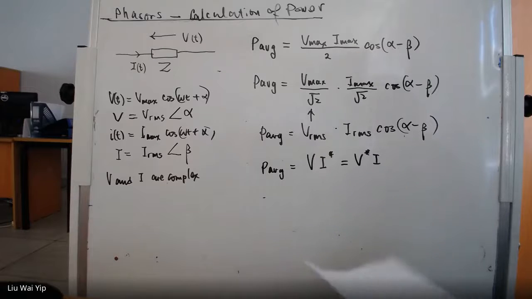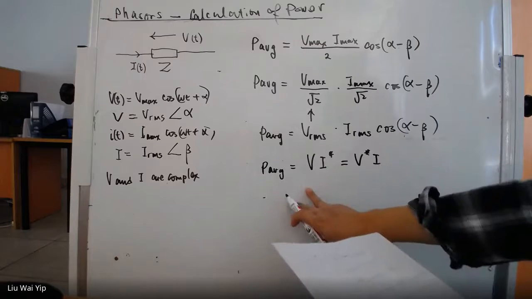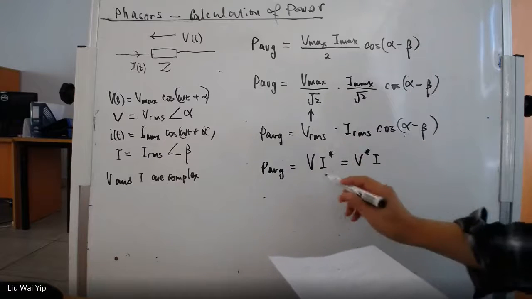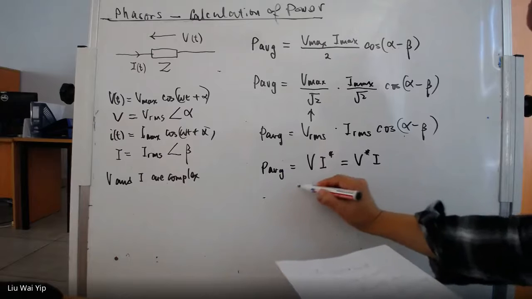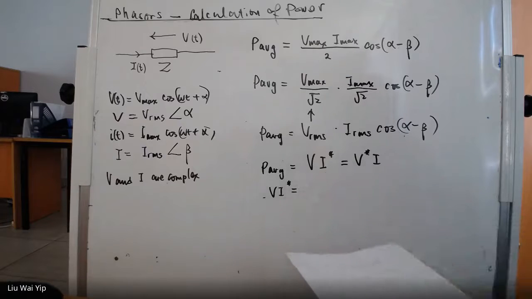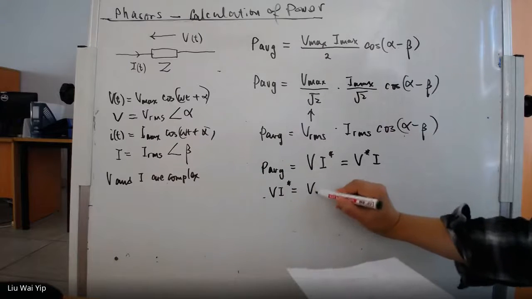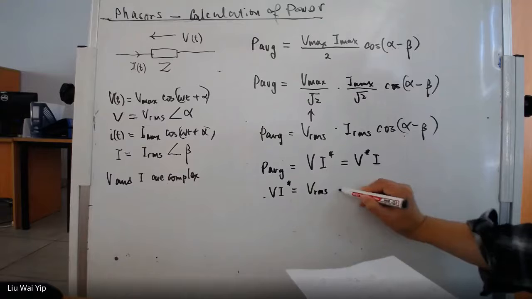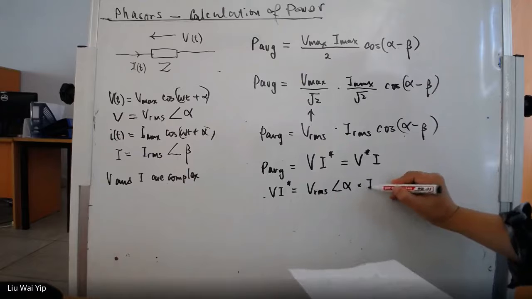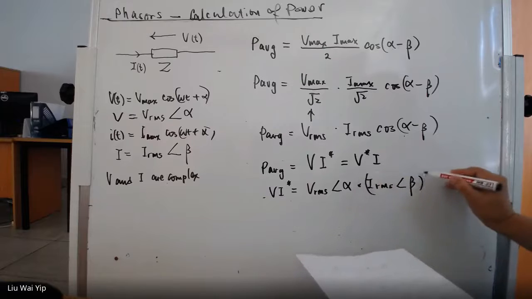If you want a proof, I can also give you the proof. Right now you have the value here. I can show you if we use V times I conjugate to calculate it. What you need is just V RMS times exponential alpha, and I RMS exponential beta, and do not forget that we need the conjugate.